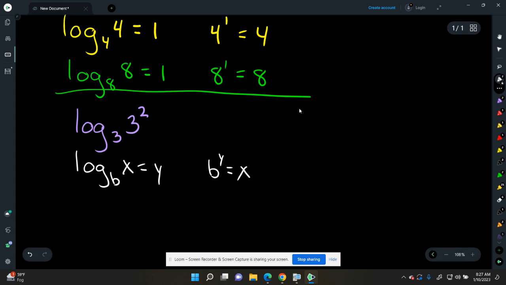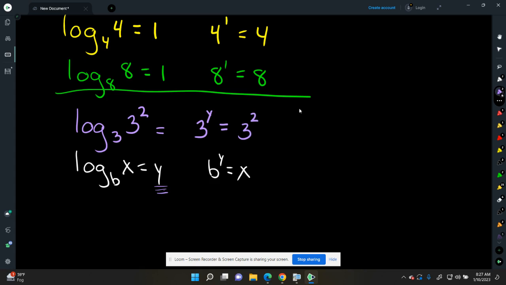That's our definition, right? Well, if I look at this, what's my b? 3. So we've got 3 to the y. Y is what I'm trying to find, so we're going to leave that as a y, equals x. Now what's x? 3 squared. What does y equal? Y equals 2.